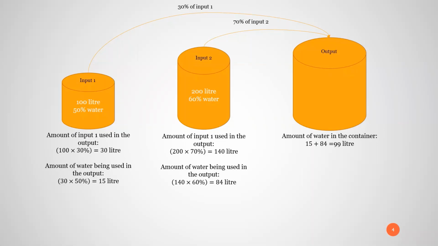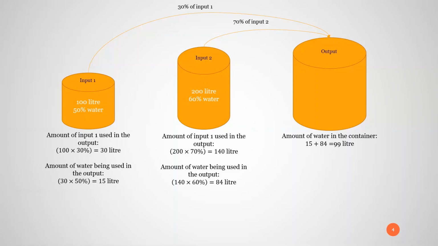And following the same process for element number 2, we will have 84 liters of water being transferred from input number 2 to output, and adding these two numbers together, I will get a total number of 99 liters of water in output.